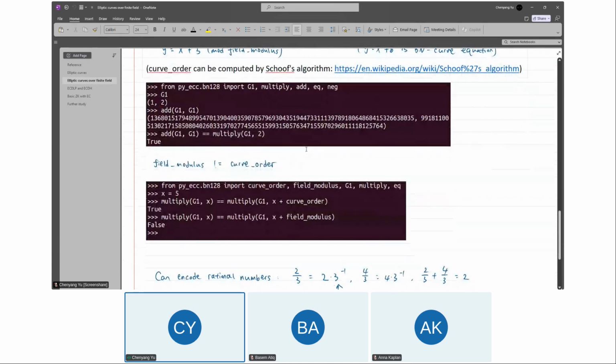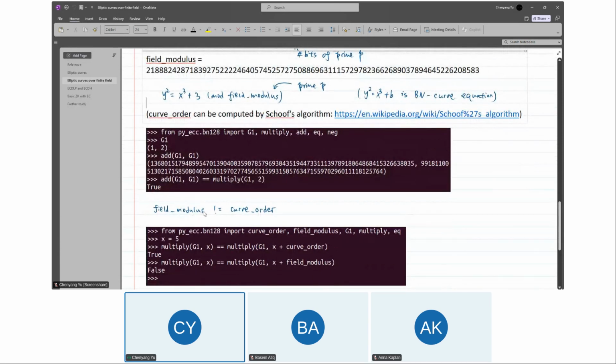One thing to remember is that field modulus is not curve order. In my experience, usually you want to work with curve order, because in zk you are doing bilinear pairing for hiding information, so you are working with G1, G2, and G12. When you do operations on the EC over a finite field, you have to worry about this curve order, not the field modulus.